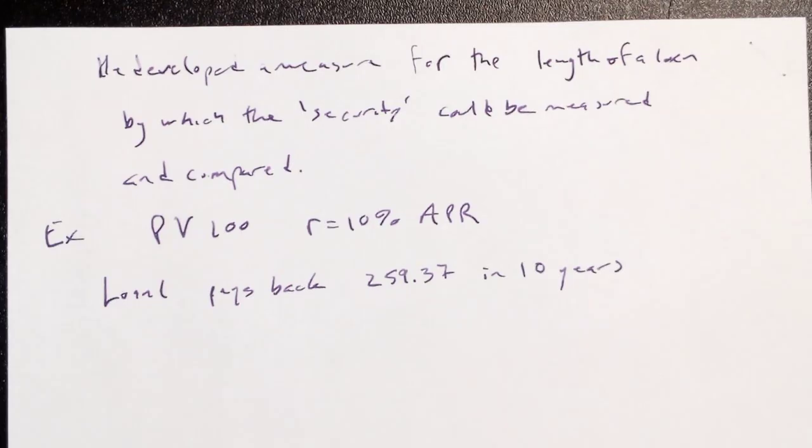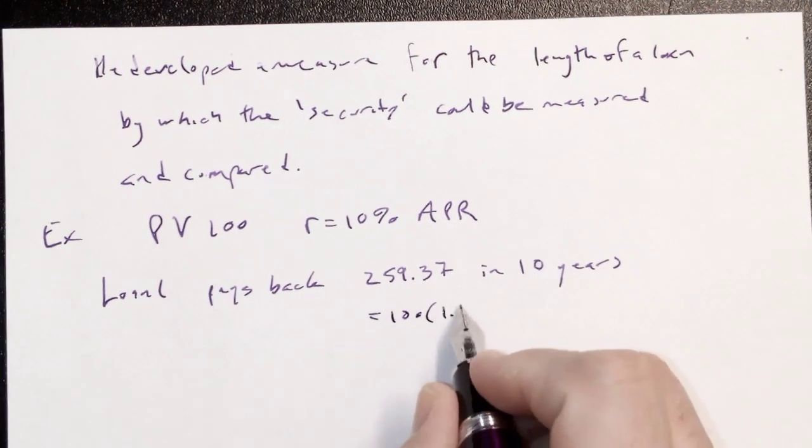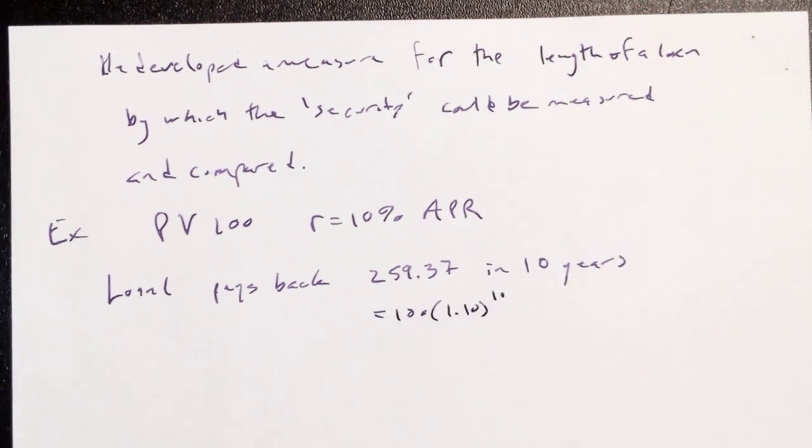Where'd that 259.37 come from? As a matter of fact, that's exactly what this is. This number is 100 times 1.10 to the 10th. Perfect.